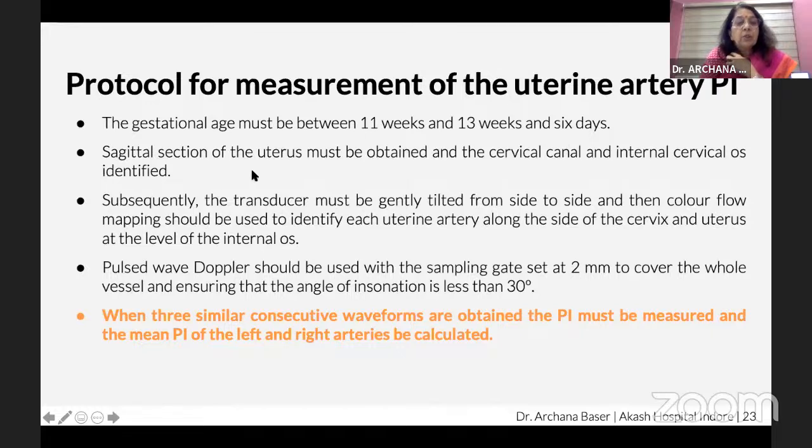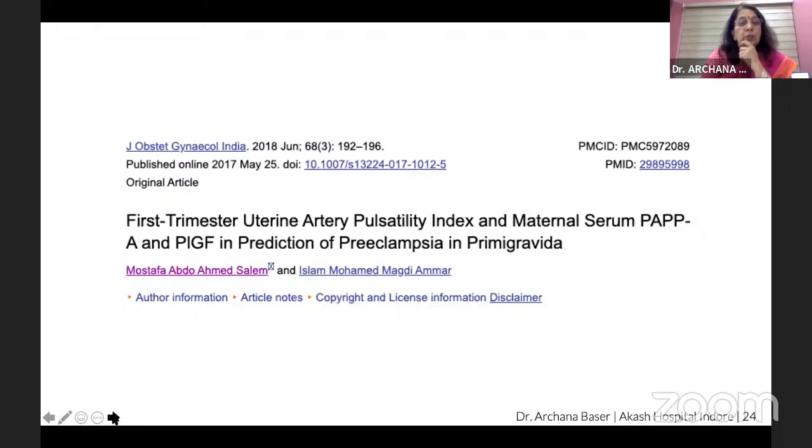A sagittal section of the uterus must be obtained, and the cervical canal and internal cervical os identified. Pulse wave Doppler should be used with the sampling gate set at 2 millimeters to cover the whole vessel, ensuring that the angle of insonation is less than 30 degrees. When 3 similar consecutive waveforms are obtained, the PI must be measured, and then the mean PI of the left and right arteries calculated.